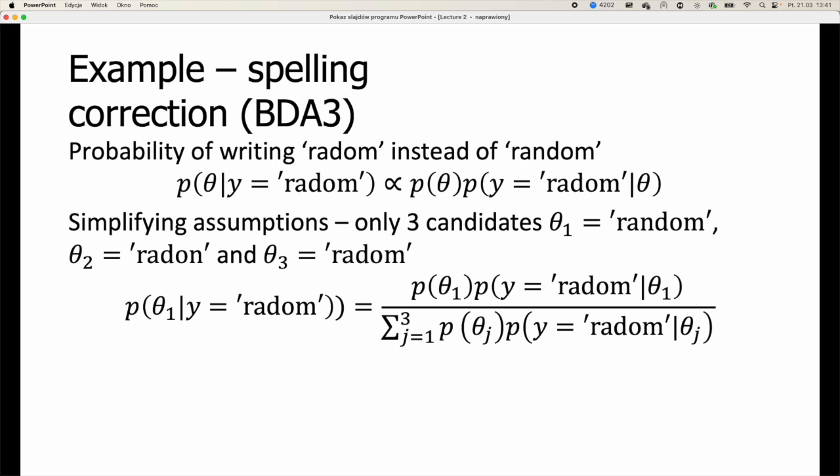Or in other words, if there is a word radom in text, was it meant to be random? So like they dropped an N from the word. And this is of course a funny situation because first of all the authors were from the US and didn't know what radom is, which is not that surprising.